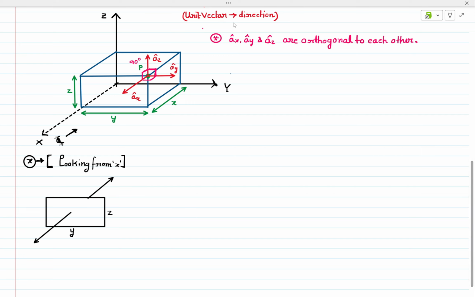So this is the X actually, right? Yes or no? This is the X, and this is the positive X direction, and I can also say this is the negative X direction, right?